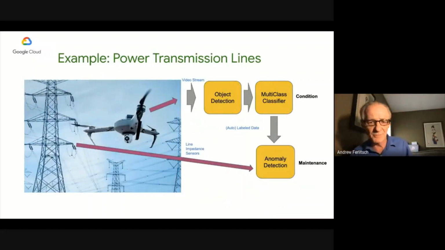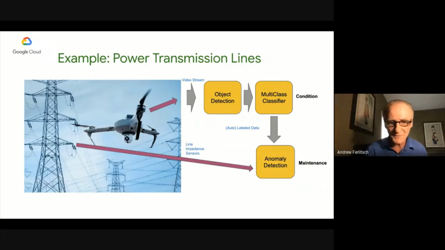Here's another example in power transmission lines. Our utility companies do regular inspection of the transmission lines, and historically, it was very costly. They would fly a helicopter, with a pilot and two people inside.